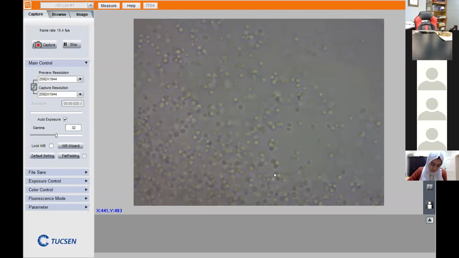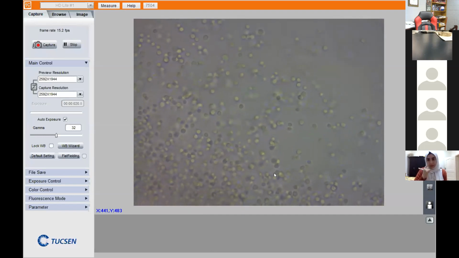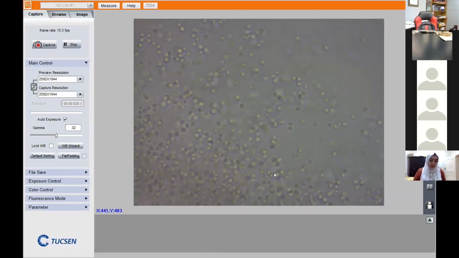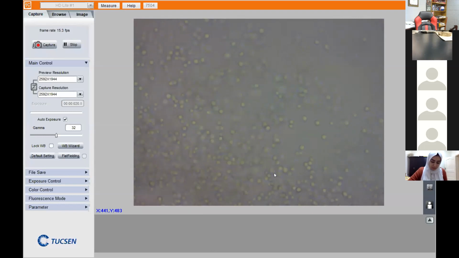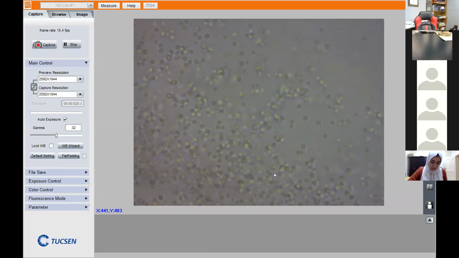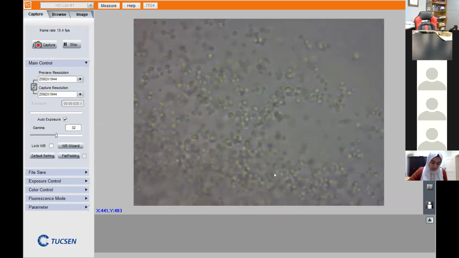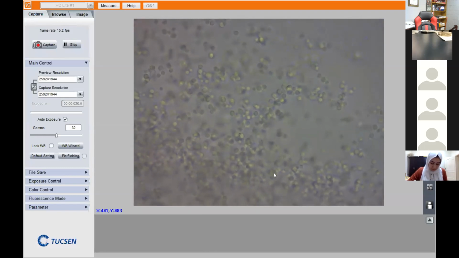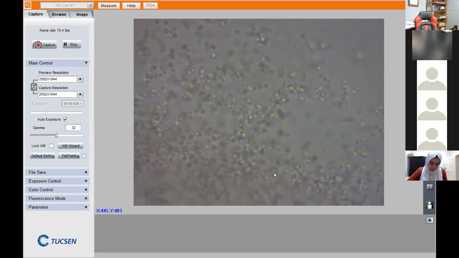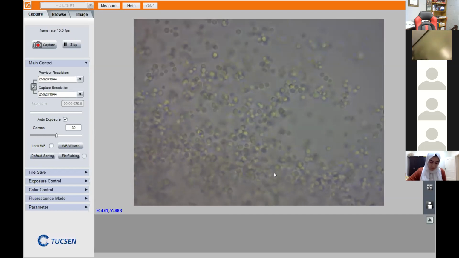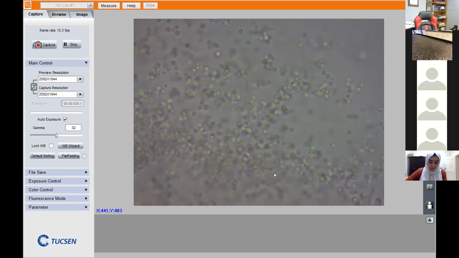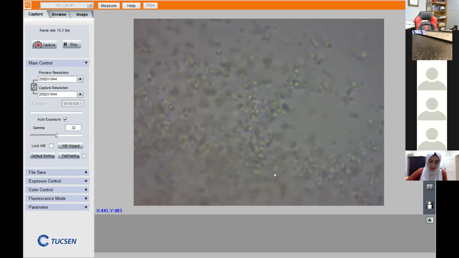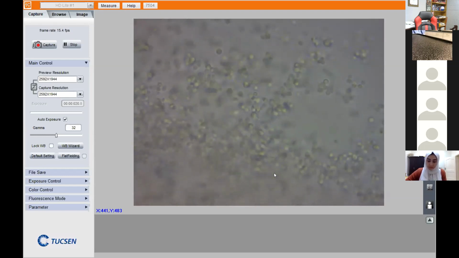Does anybody remember what was the first name of the albicans? What's the first name we're looking at? Candida. Can y'all hear me? Candida albicans. So you see the difference. This is still in the yeast form with Candida.